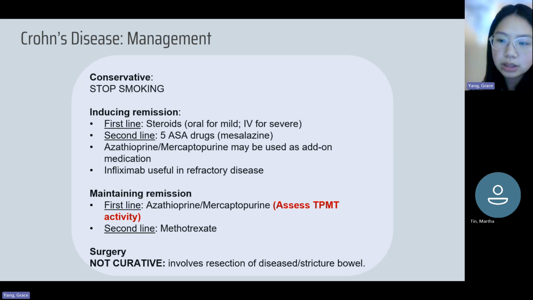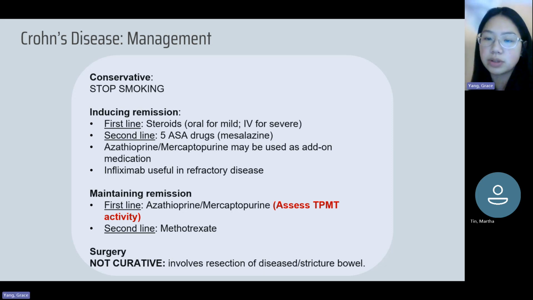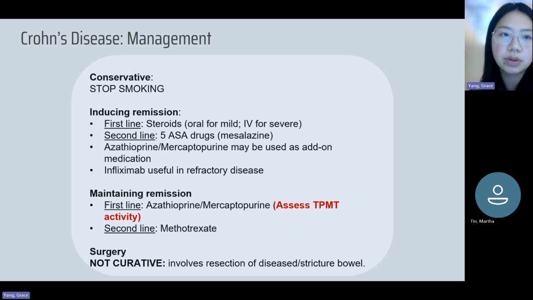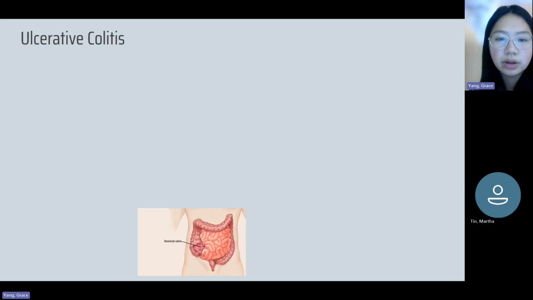And as a last resort, people will get surgery, and this is not curative. And if people get too much surgery, they can get what we call short bowel syndrome, where they don't have enough bowel content to process all their foods. And I think around 80% of patients with Crohn's will eventually get some sort of surgery.